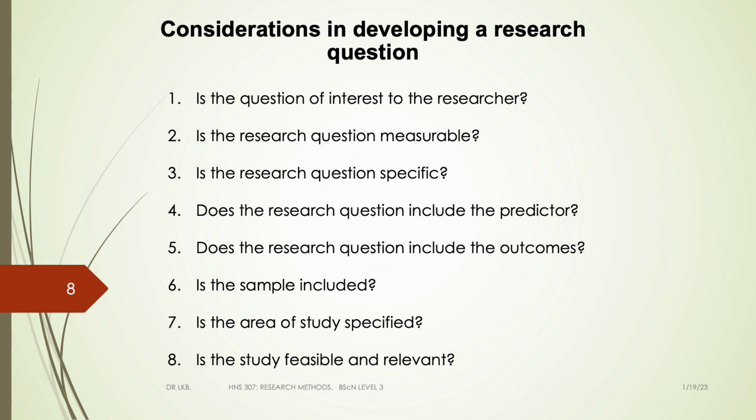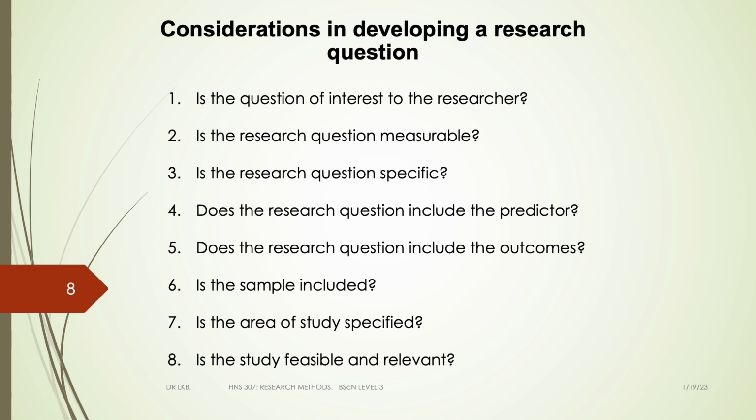1. Is the question of interest to the researcher? Don't waste a whole year doing research on an area you're not interested in. So find something which is of interest to you. Then ensure you develop research questions which are measurable, and they should be very specific.